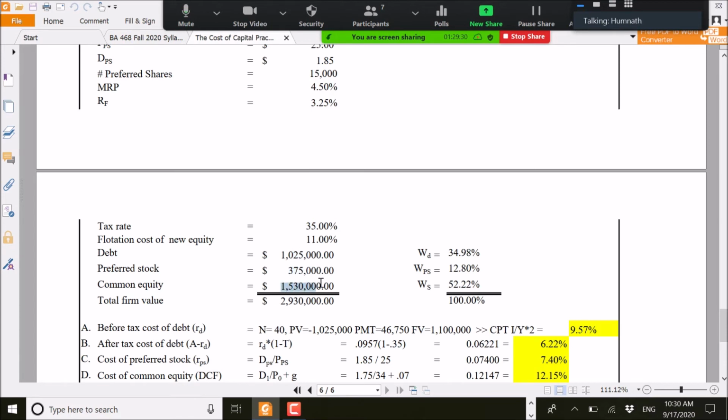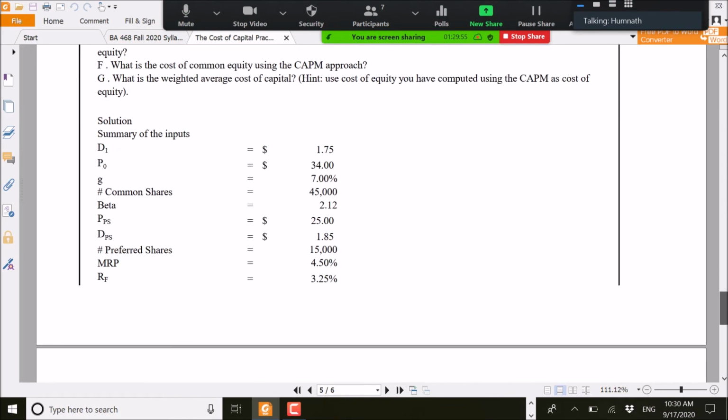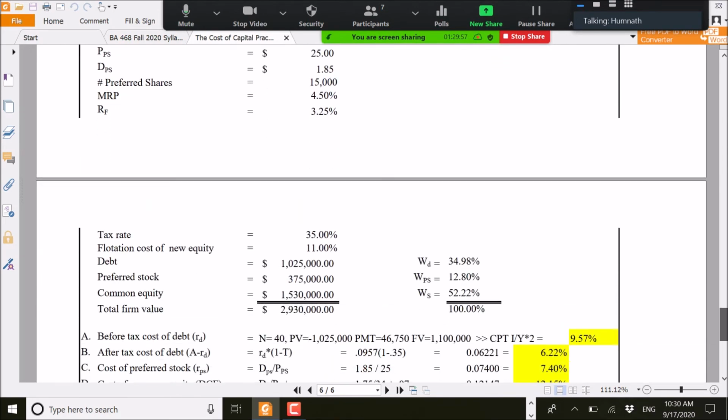This is the book value of the common stock. This is the total value. As you can see, this one is a 1.1 million bond, which raised long-term debt. So all this information is given, but you are not given the cost of debt, but you are given the information.